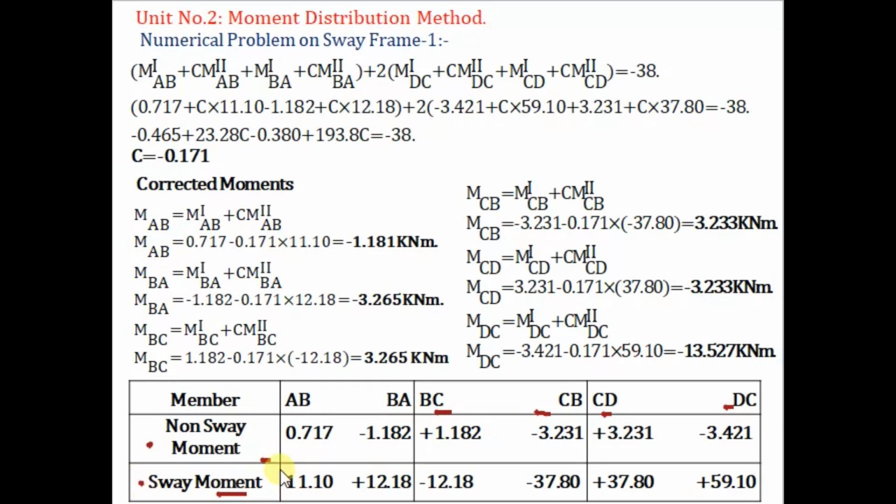These are the two values, which we call M1AB and M2AB, and there is a correction factor C. Now put these values here in this equation, which we obtained by considering the FBD of the whole structure and the shear force equilibrium condition.